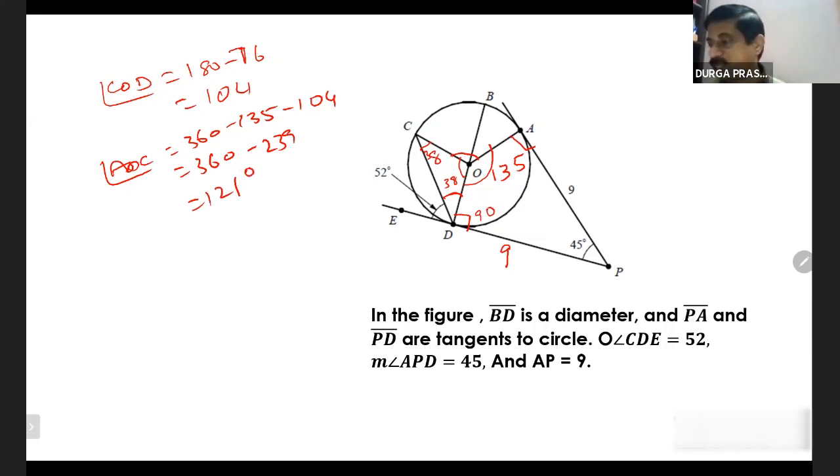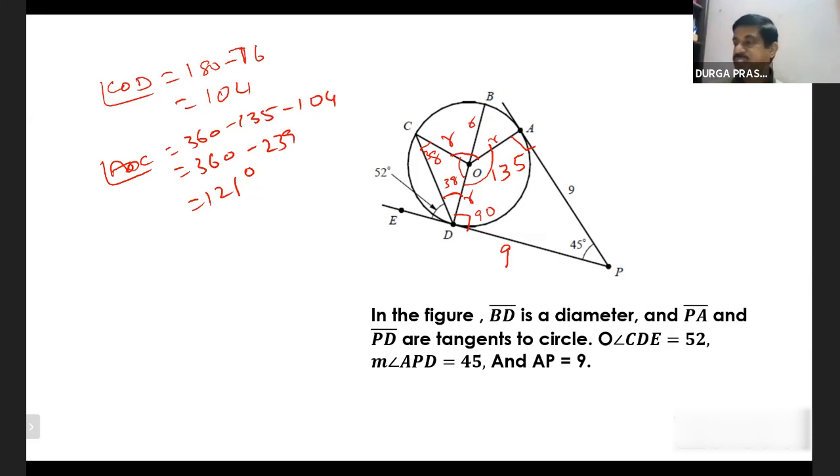Anyway, we have only just put all the data, whatever possible data, without much strain. So now let us see what he's asking. So now of course, this is radius, this is radius, this is radius, this is radius. Okay, children, so this is how we could put the data here.